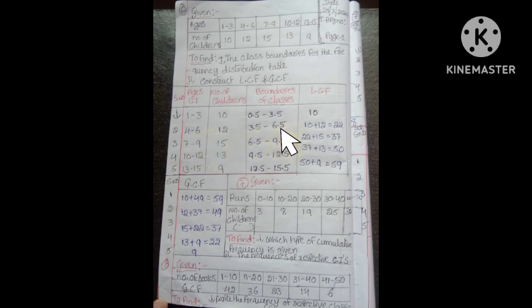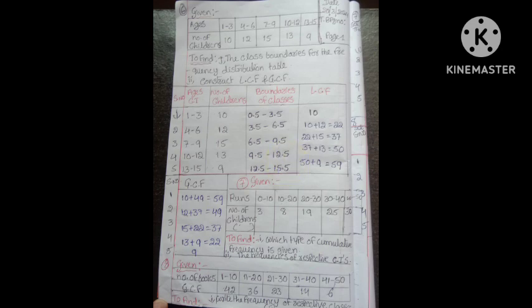That is 6.5. The third class interval has lower boundary 6.5, the same as the previous upper boundary, and upper boundary 9 increased by 0.5 is 9.5.